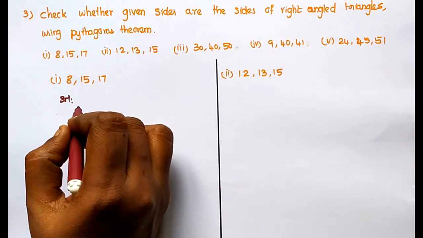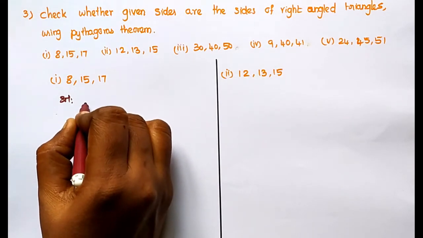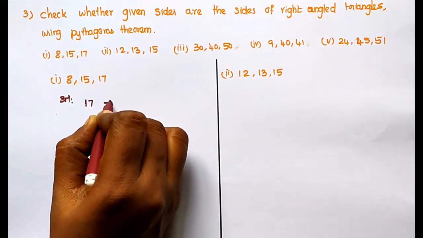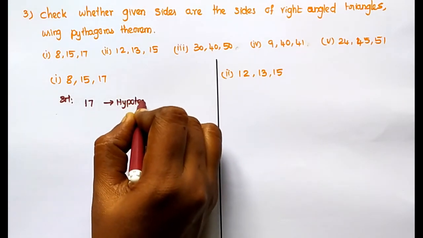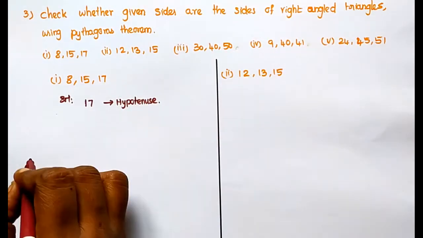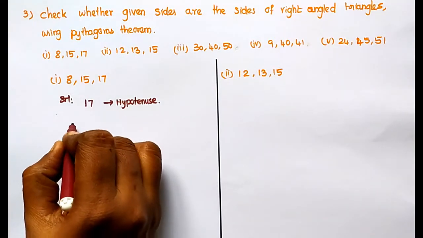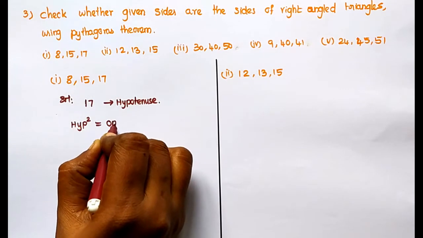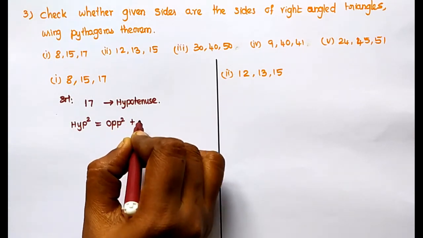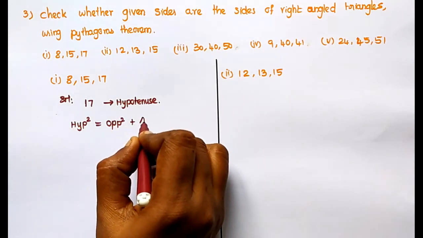So 17 is hypotenuse. So, what is the formula? Hypotenuse squared equal to opposite squared plus adjacent squared.